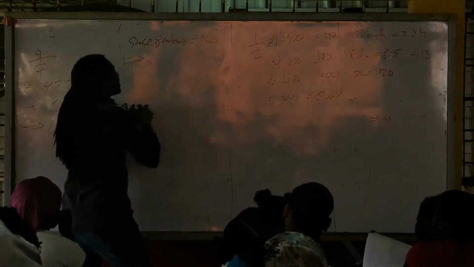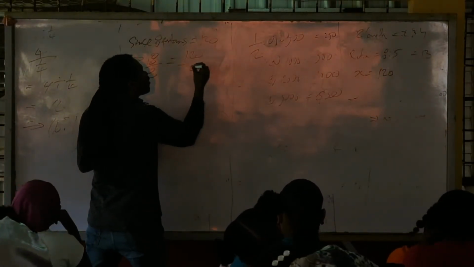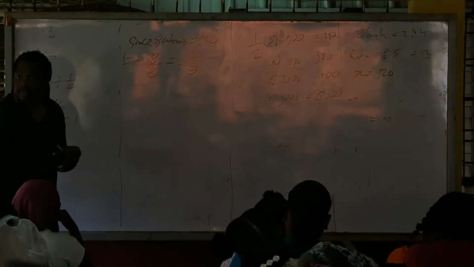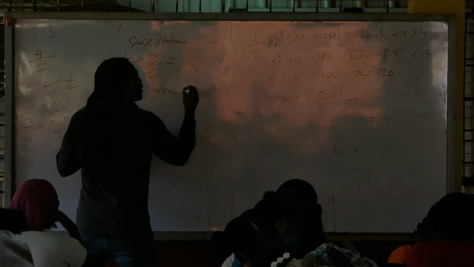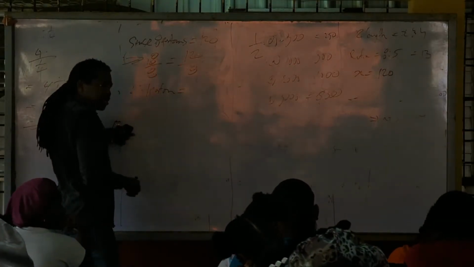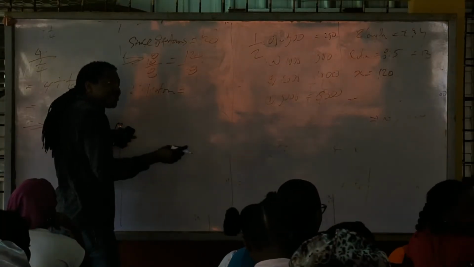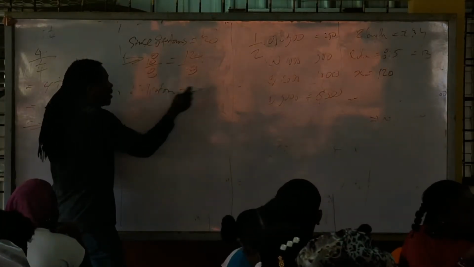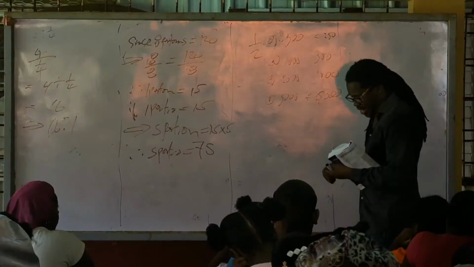It implies 8 over 8 equal 120 over 8. You don't see that? Therefore, 1 portion equal what? Ready? What on the board? 1 portion equal 15. You see that?